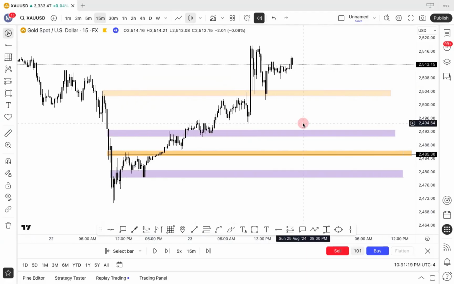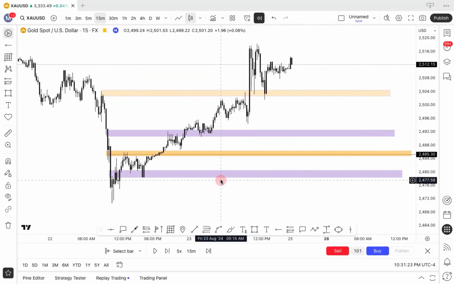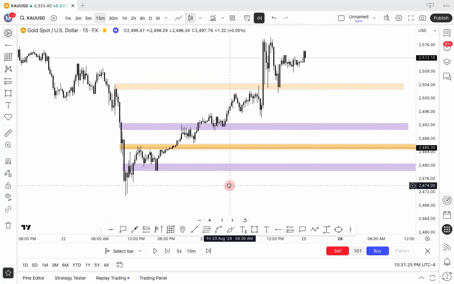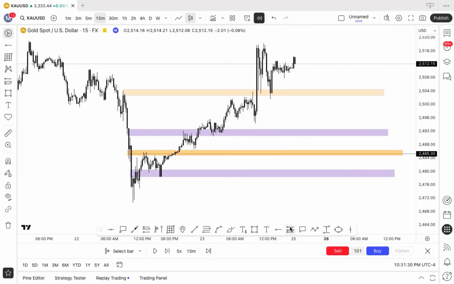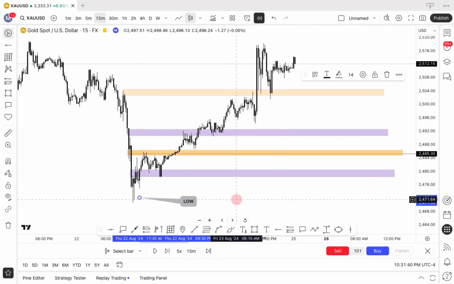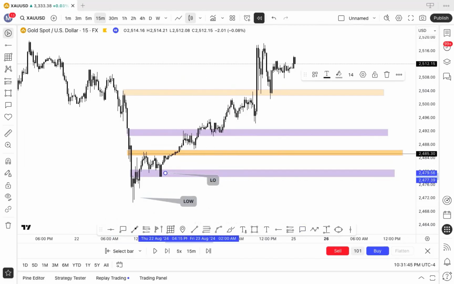So, guys, when I was saying earlier that support can become resistance and resistance can become support, this is what I mean from a candlestick perspective. Okay. That being said, the lows will always be support, the highs will always be resistance. Okay. So just to identify, we have a low here, and this is also considered a low, and this is where we're starting at.